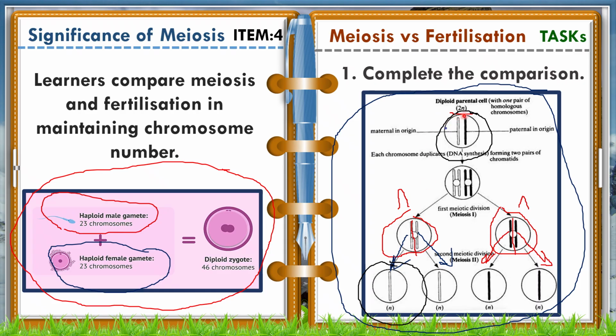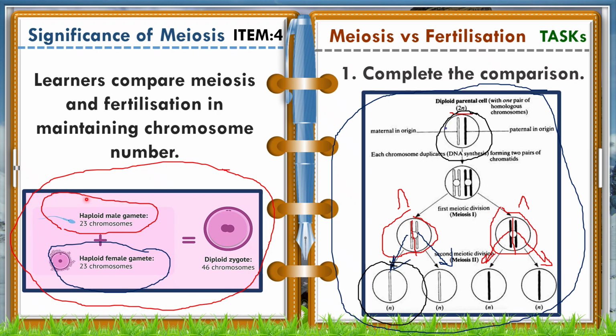From a diploid cell, which is 2A, that is meiosis. But when we come to fertilization, you can see here we are starting with a cell which has half the number of chromosomes, and another cell which also has half the number of chromosomes. So these two cells are going to combine.